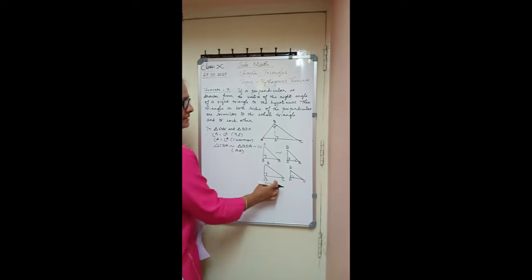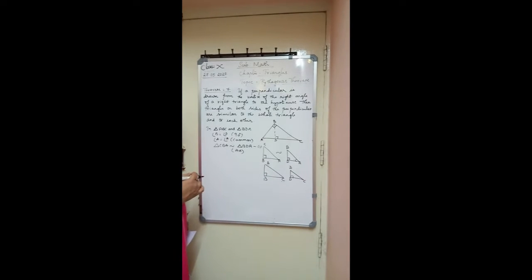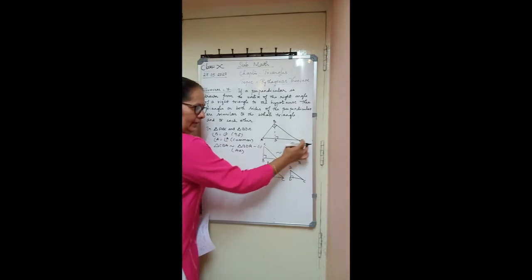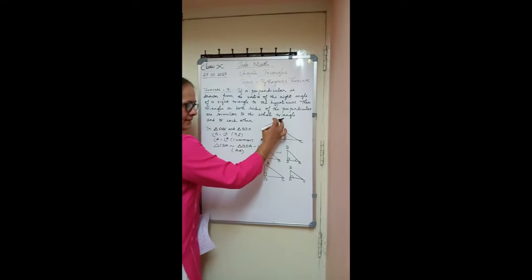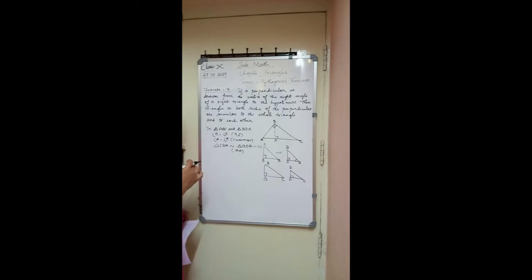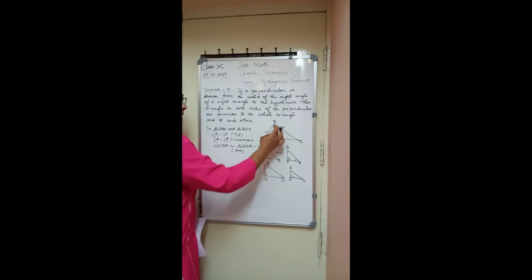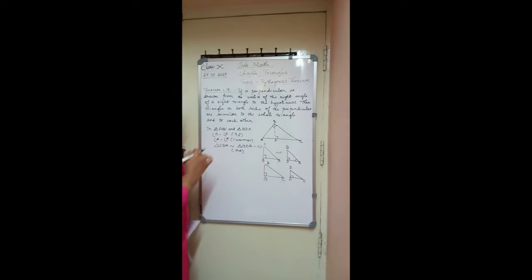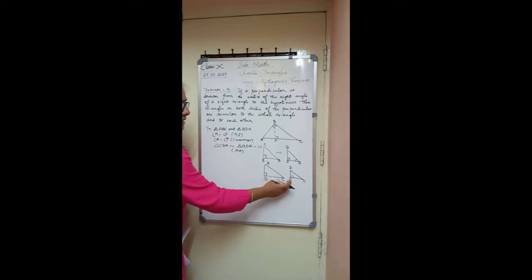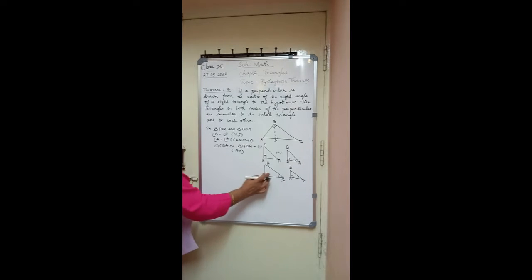See here, ABC and BDC, for both, the angle C is common. In the whole triangle ABC as well as triangle BDC, angle C is common. And in ABC, angle B is 90 degrees, and in BDC, angle D is 90 degrees. So angles B and D are 90 degrees, and angle C is the common angle. Therefore, these two triangles are also similar.